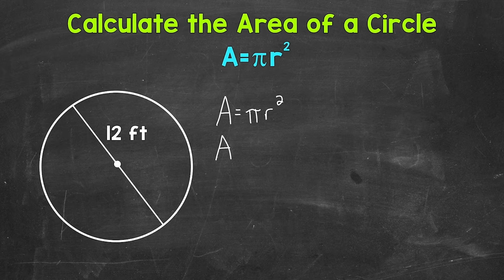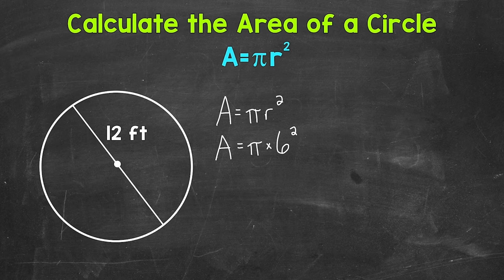So area equals pi times. Now we are given the diameter, so we need to divide that diameter by 2 to get the radius, because remember, the radius is half of the diameter. 12 divided by 2 gives us a radius of 6 feet. Let's plug that in, and that's going to give us 6 squared.